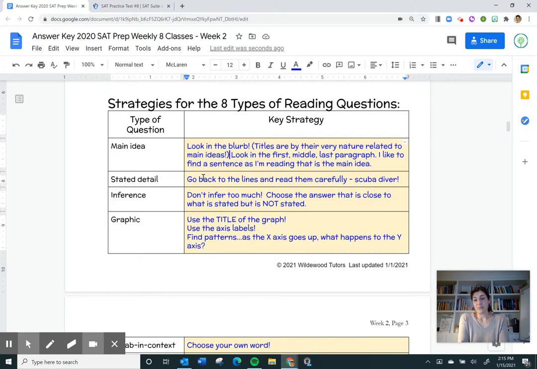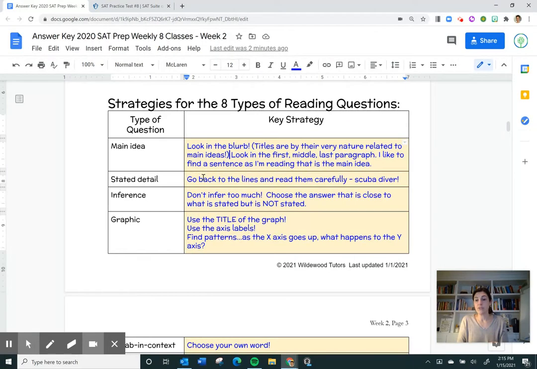Use the title. It sounds so simple, right? Kind of like the main idea, but the title is something our eyes often just skim right over, and we dive into the meat of the graph where really the title is going to set the tone and set up the information. Use the axis labels. What information is being portrayed in the X and Y axis, right?